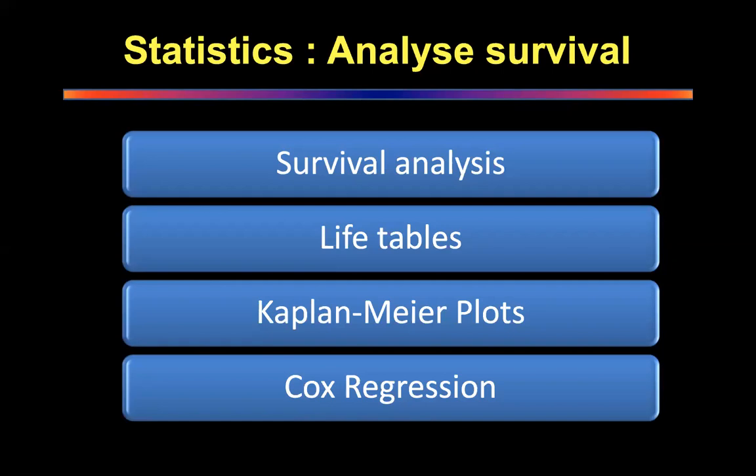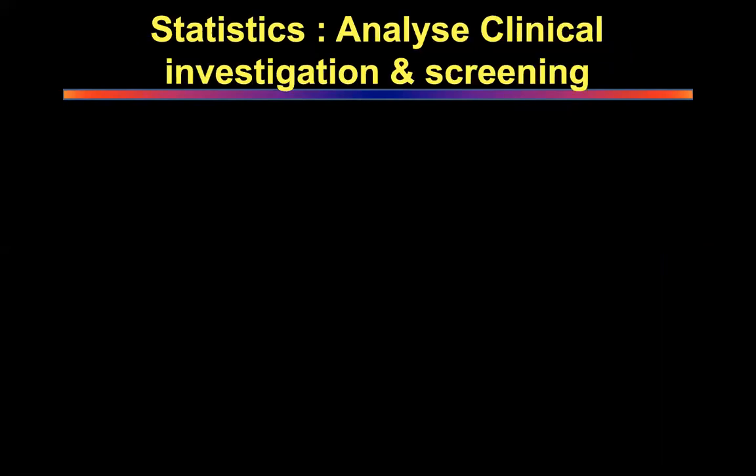So this is the next type of statistics that we spoke about. And then last but not the least, statistical tests which are used to analyze clinical investigations and screening. Is one investigation better than the other? Is one lab better than the other? Is the result from one hospital better than another hospital?